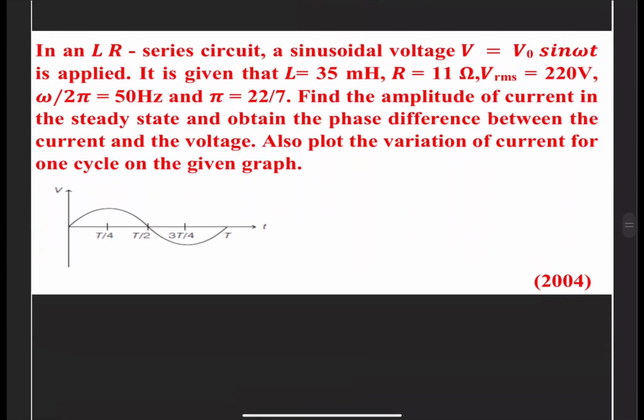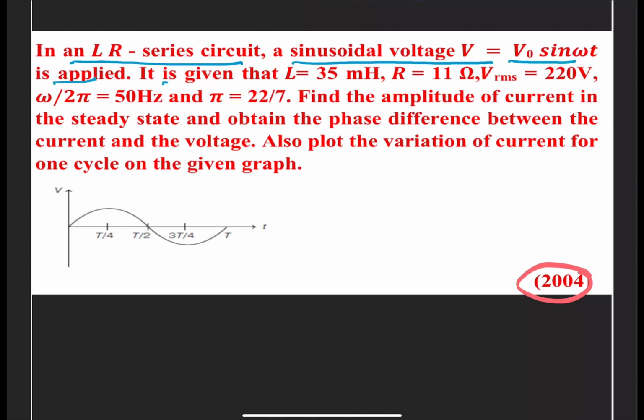And now we come to the next question, which was asked in the year 2004. Here it is asked that in an LR series circuit, a sinusoidal voltage V given as V0 sin omega t is applied.